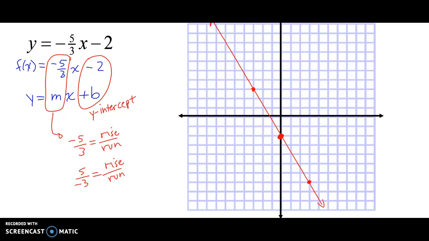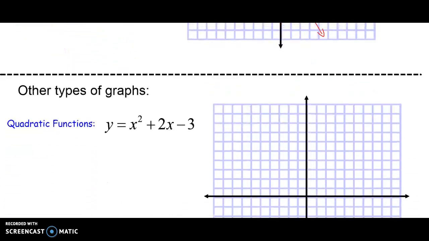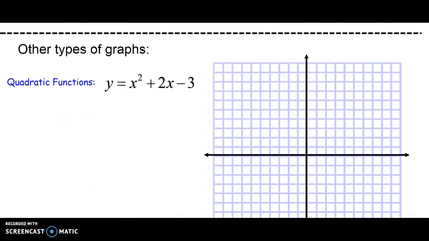The things you're going to be asked to graph here come in two different categories. One category is other types of graph, quadratic functions being one that you may have seen before but perhaps not graphed, and other things too.